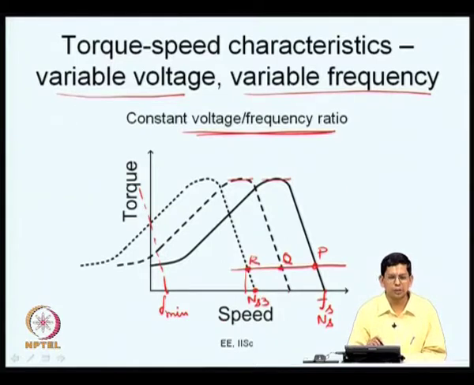If this is the rotor speed that you want, then to that you will have to add the component that corresponds to slip to get whatever is your NS3.